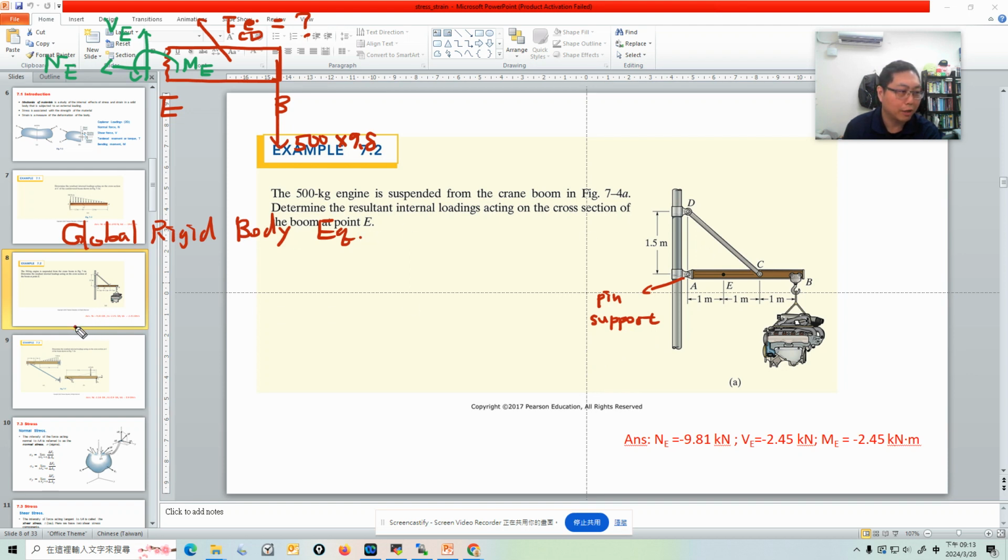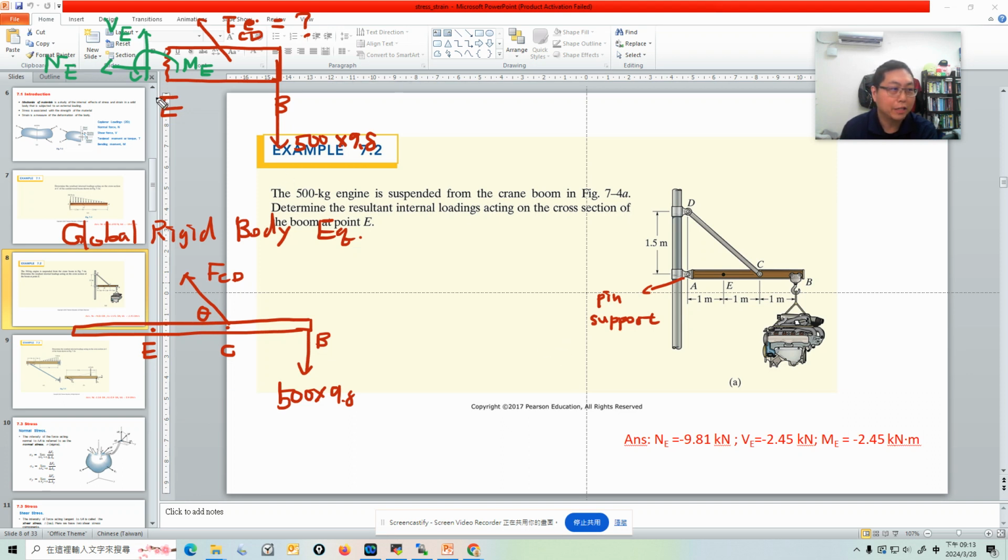So for global rigid body equilibrium, first of all, we draw the free body diagram. Here is B, with the force 500 times 9.8, and here is C, and the force CD is here, and I just assume the angle is theta.